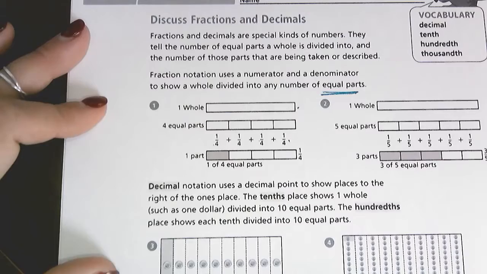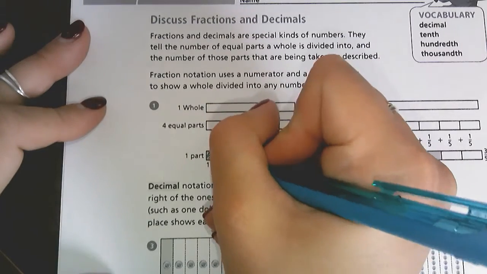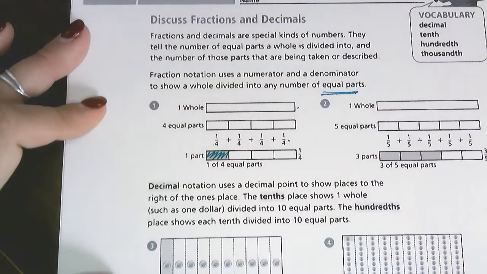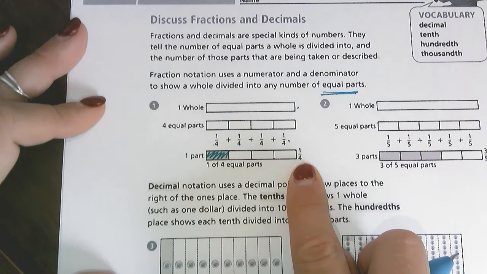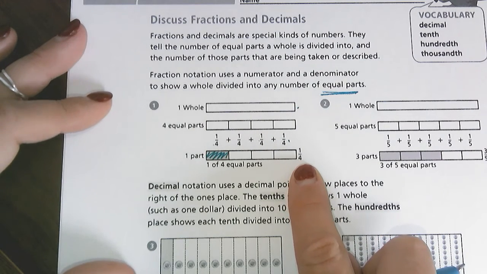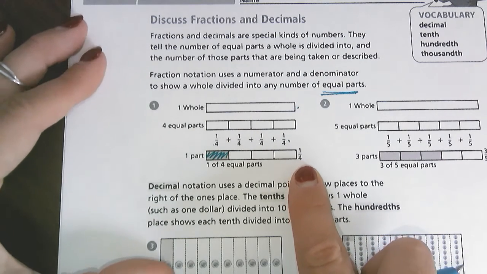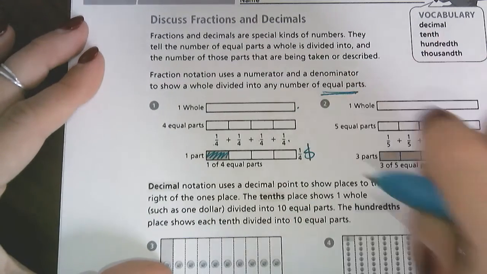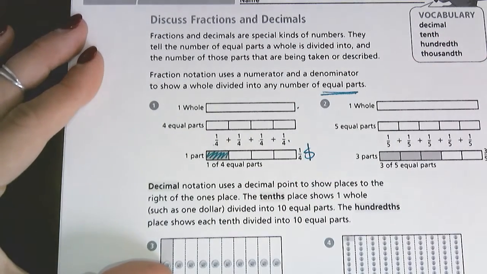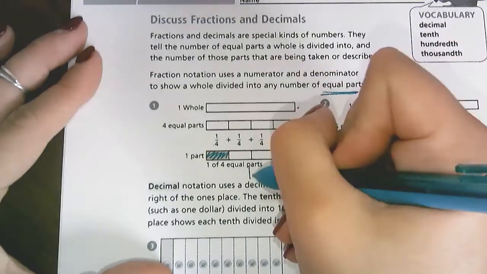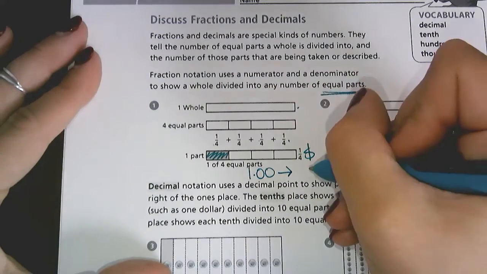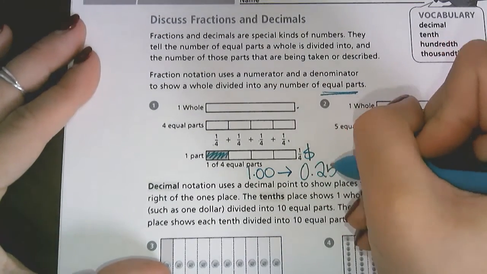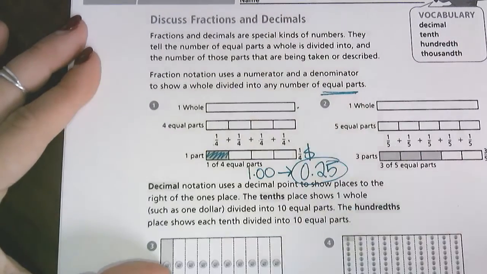And when you take 1/4, like they did right here, you can write it like this. So they have 1/4. Now, the way we relate this to decimals is we can think about money. So if I had $1 and I wanted to split it into 4 coins, I would end up with a quarter or 25 cents.